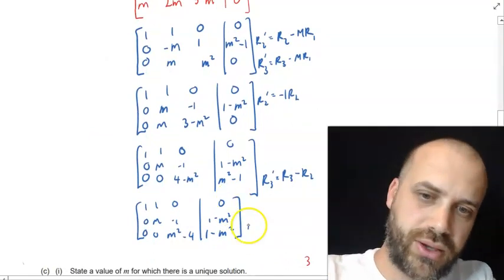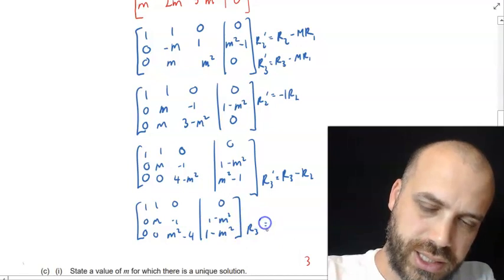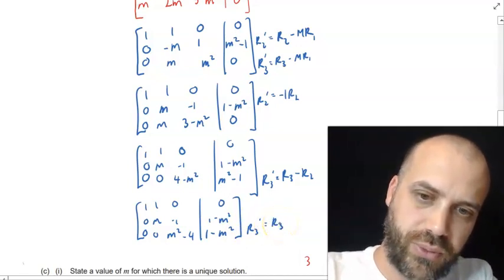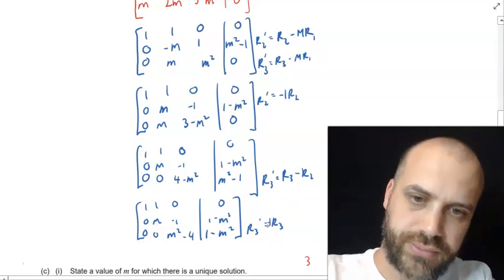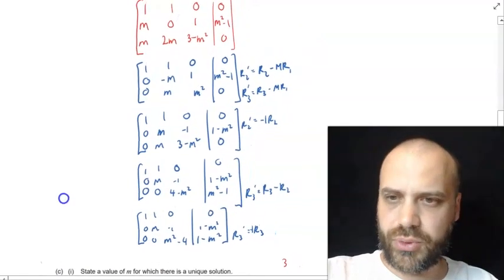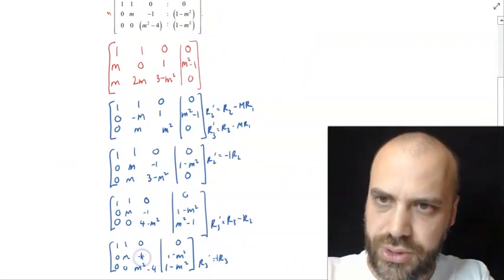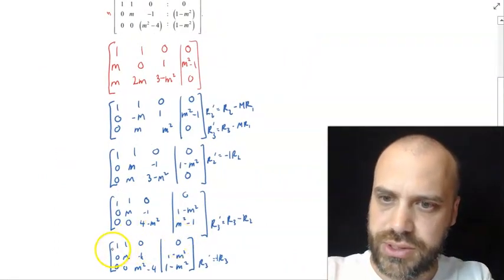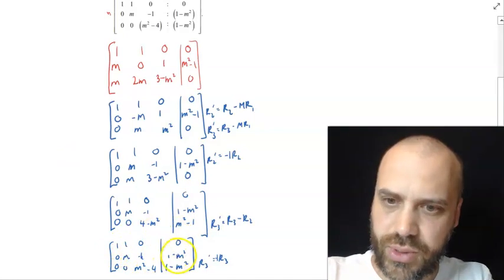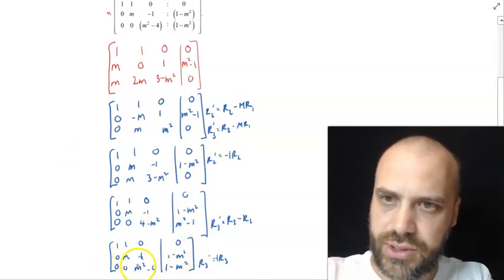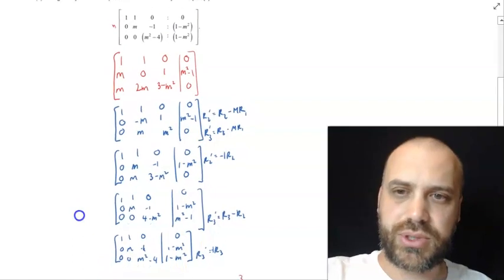And what did we do there? Row 3 is equal to row 3 times negative 1. Alright, we should be good there. Looks good. 1, 1, 0, 0, 0, M, negative 1, 1 minus M squared, and 0, 0, M squared minus 4, 1 minus M squared.